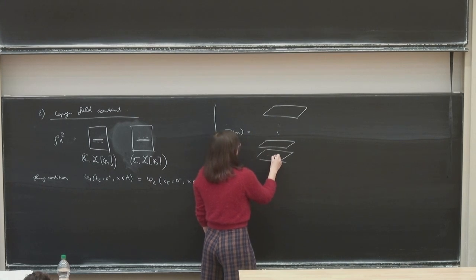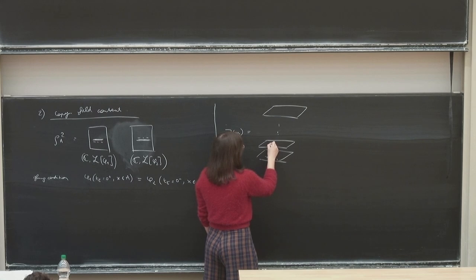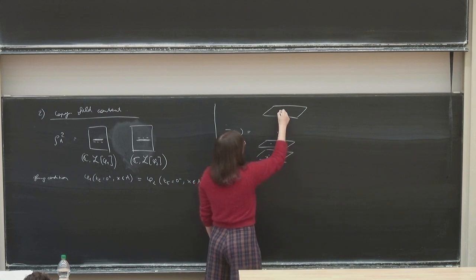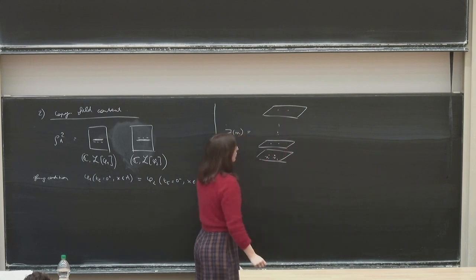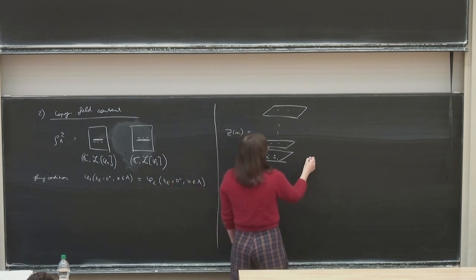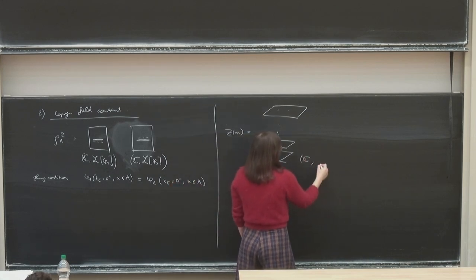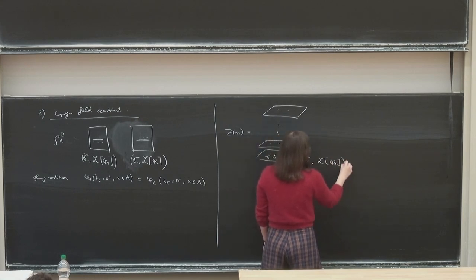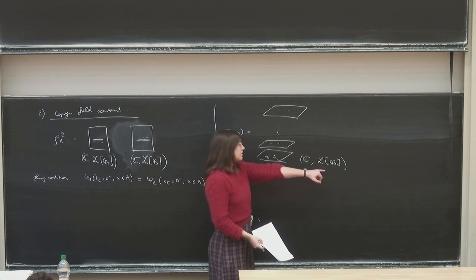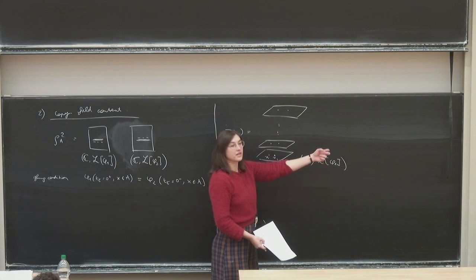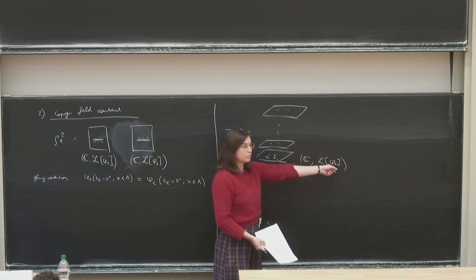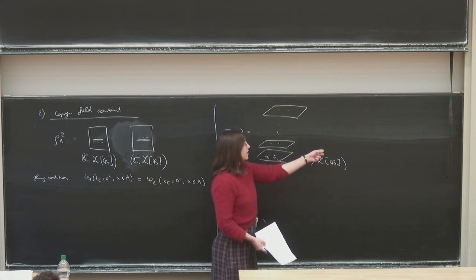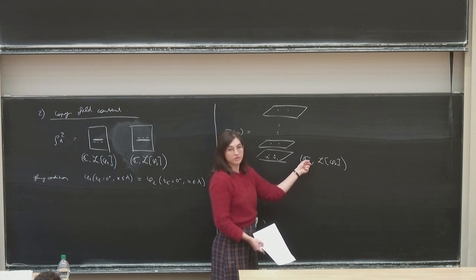In each of those, you have the special points x1 and x2, which are the endpoints of your interval A. But now you think of each of those copies as Lagrangians of one copy of the set of original fields on still the same geometry, the plane.